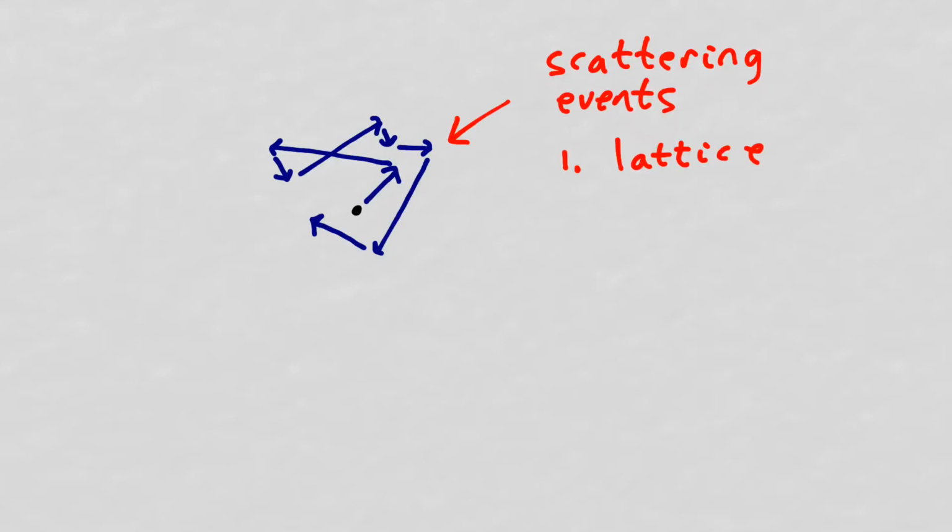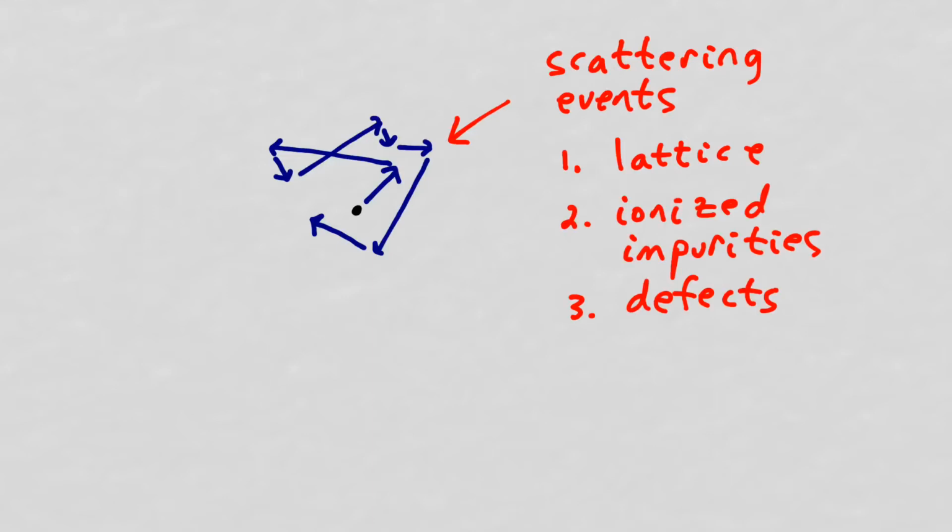The most significant scattering event is lattice scattering, and this is an interaction between the conduction electron and the vibrating lattice. As the temperature goes up, the amount of lattice scattering increases. Other things that can cause scattering are ionized impurities or defects in the crystal lattice.